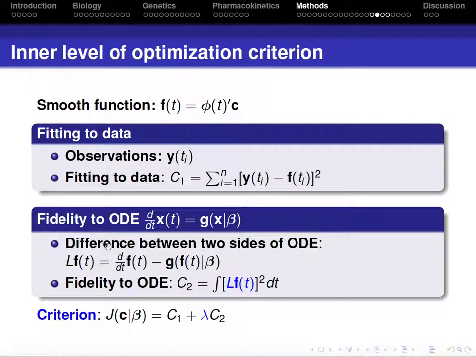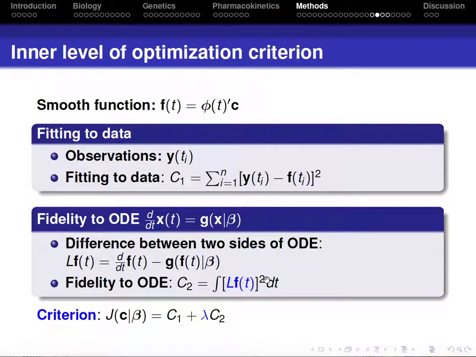In other words, this fidelity term also serves as a roughness penalty term. We're using the ODE to regulate the smoothness of f of t. So this is another function of this second term, C2.